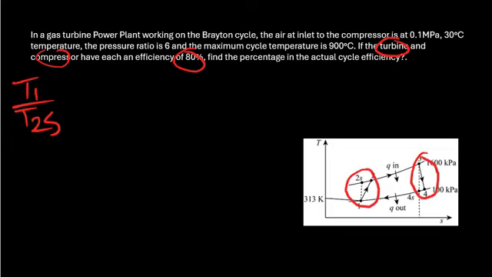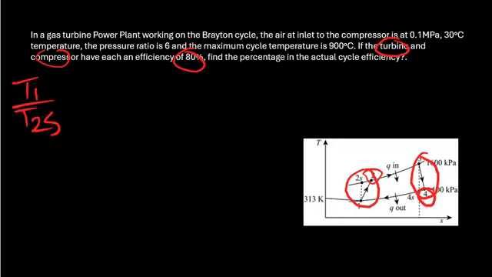We know the efficiency is 80%, but we don't know the T2S value and the T4S value. We have to find these, and after that we will get T2.